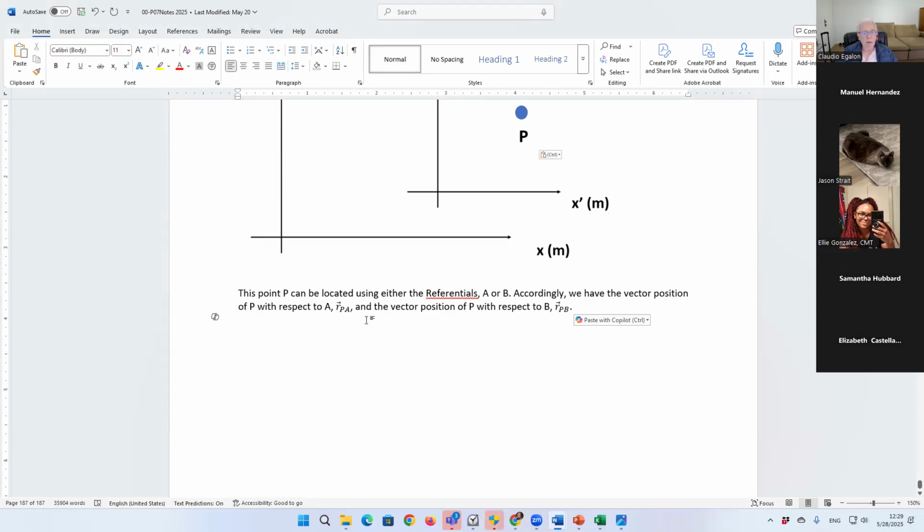Accordingly, we have a position vector of P with respect to A, that I denote as the position vector of P with respect to referential A. Don't forget to put the arrow at the top.